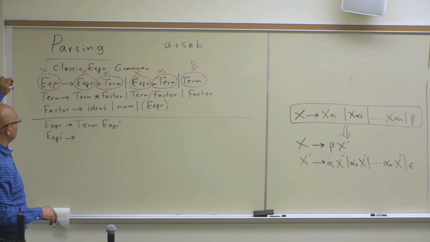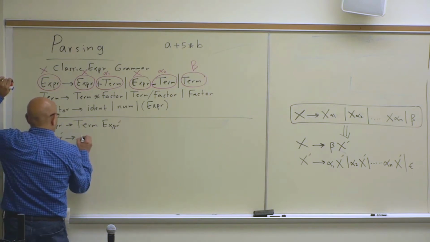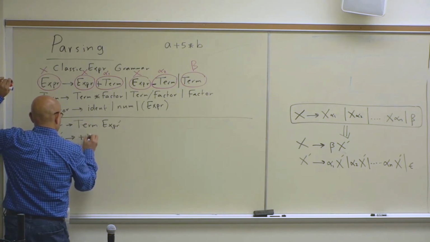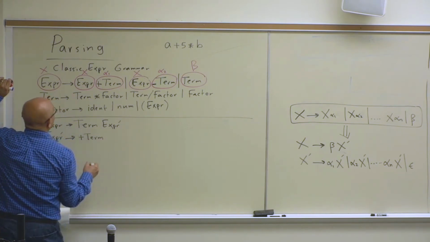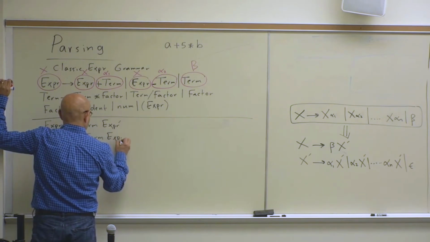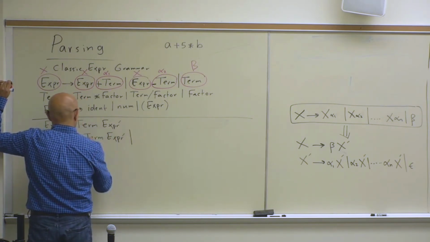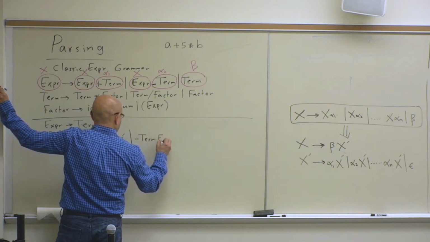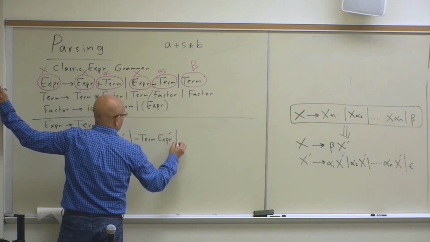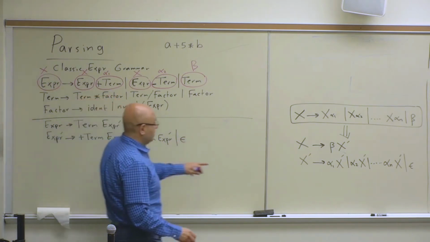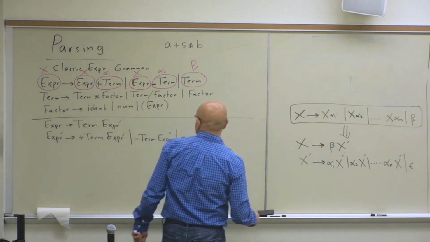What's alpha 1? Plus term. So alpha 1 is plus term expression prime, or minus term expression prime, or epsilon. So we're matching with this. We have two alphas here.